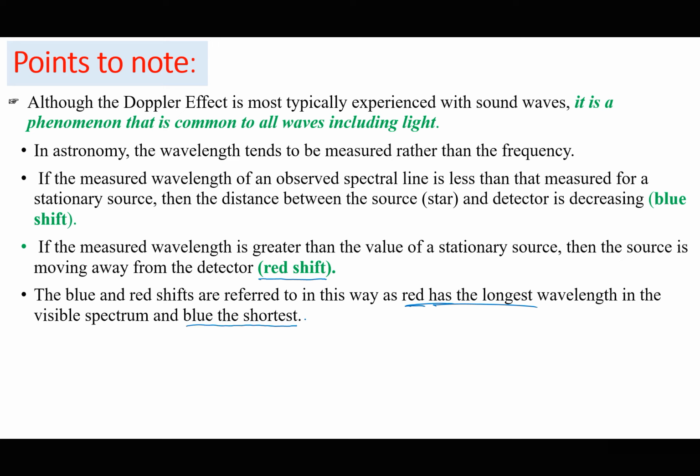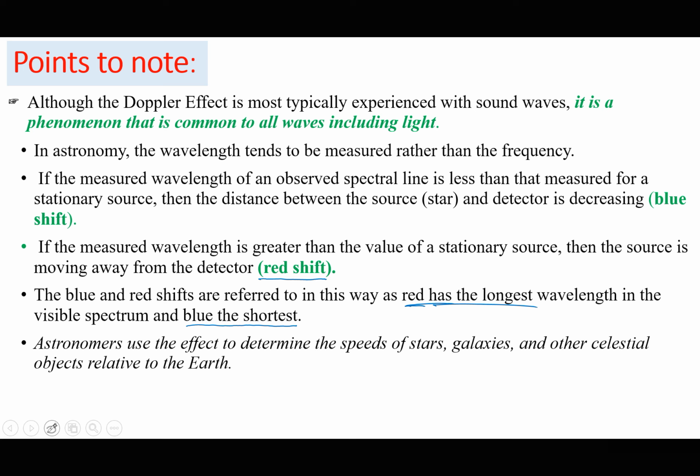Blue is not actually the shortest in the visible spectrum, but red and blue are the most significant colors of the visible spectrum. So astronomers use the effect to determine the speeds of stars, galaxies, and other celestial objects relative to the Earth, as we shall still see in a unit called Astrophysics and Cosmology, that is for paper 4.